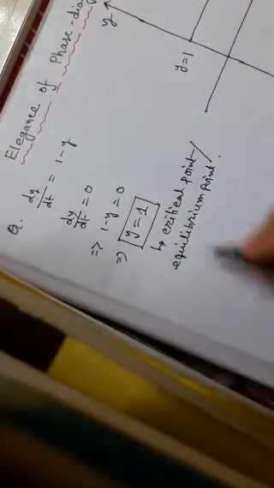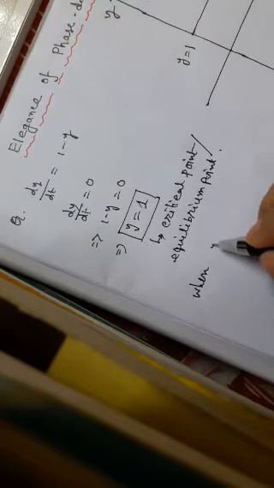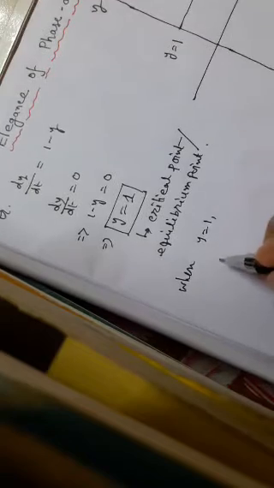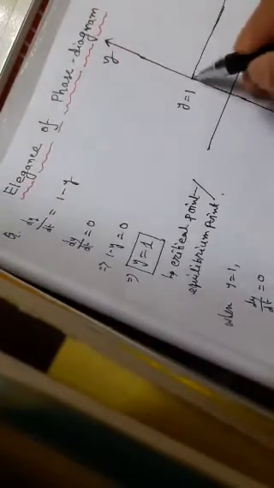So when y is equal to 1, dy/dt is equal to 0. So this is dy/dt is equal to 0, means slope is 0.